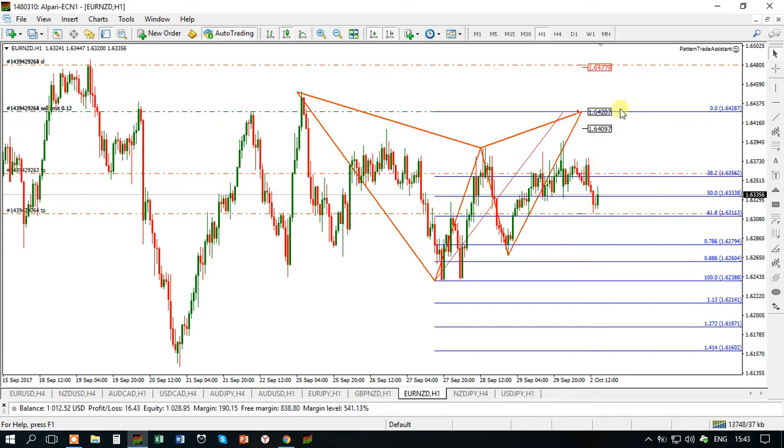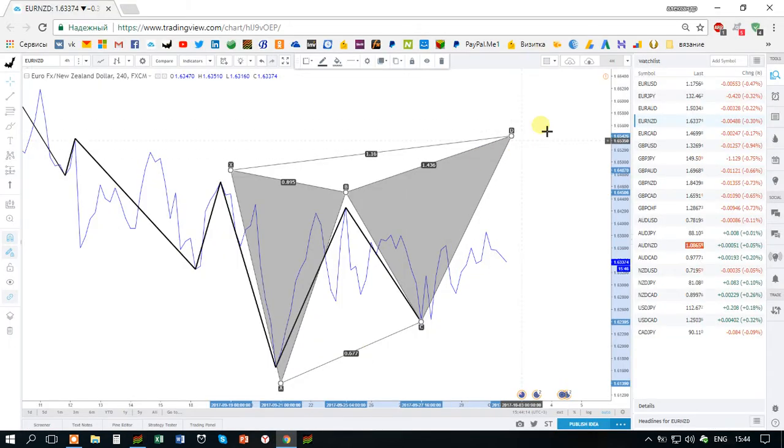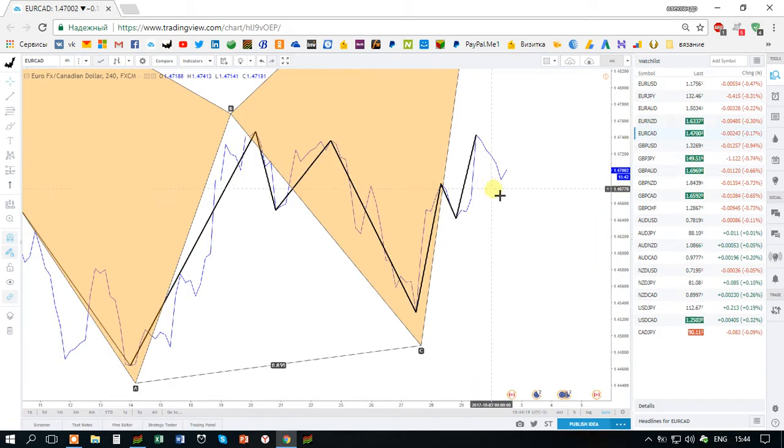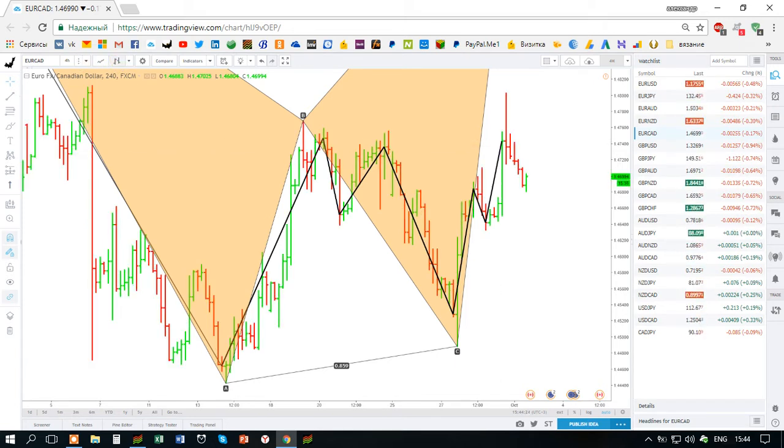If we go higher, we first fill the Gartley, and then if we go even higher, we will fill this Euro New Zealand butterfly pattern.